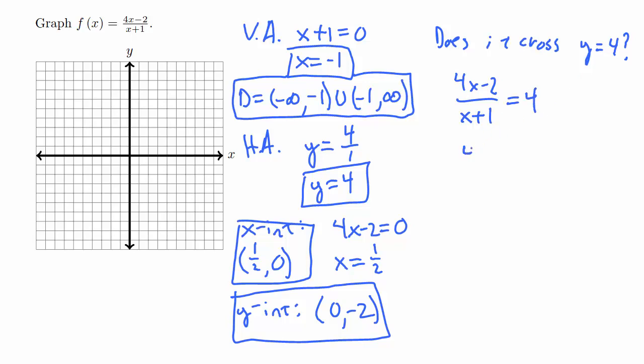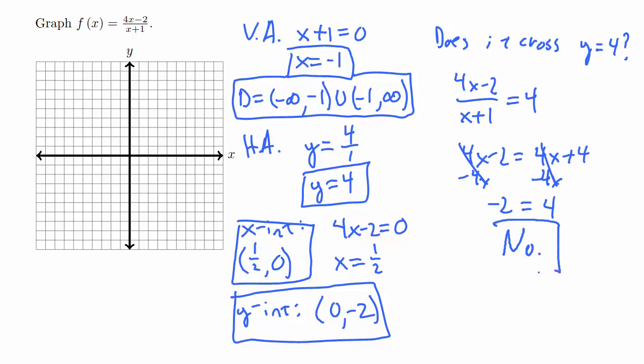Multiplied by x plus 1, that means 4x minus 2 is equal to 4x plus 4. Notice that the 4x's cancel each other here. That leaves you with negative 2 equals 4. And ask yourself, does negative 2 equal 4? The answer is no. So because negative 2 doesn't equal 4, it doesn't cross the line y equals 4.